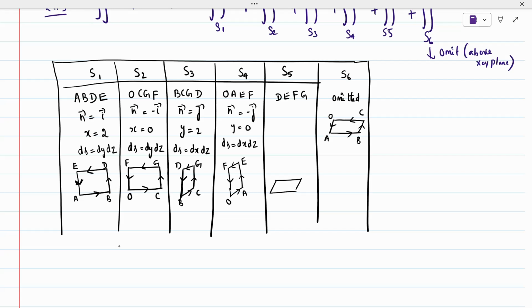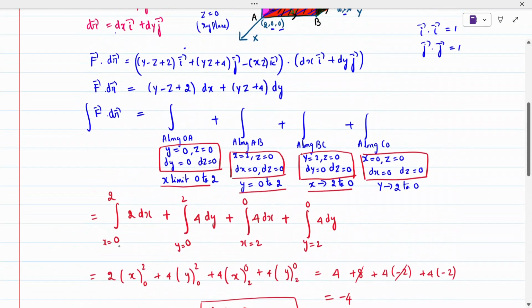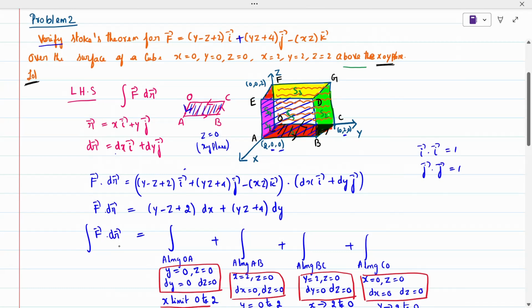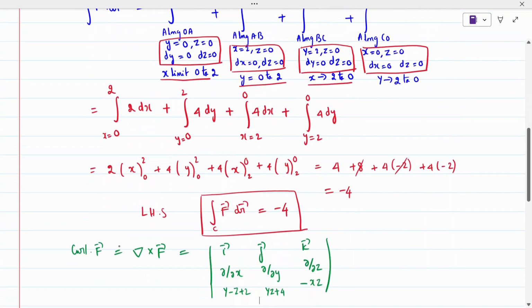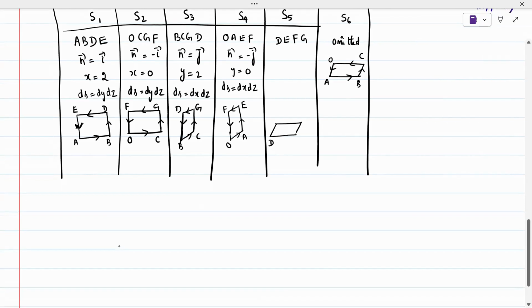This is D, E, F, G, so anti-clockwise. So n vector is nothing but k vector, and z equal to 2.